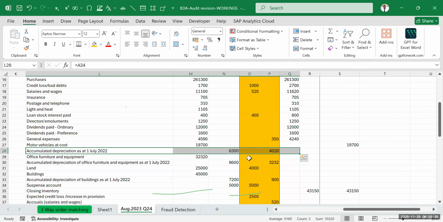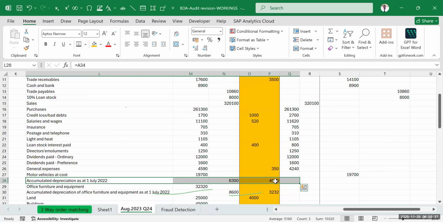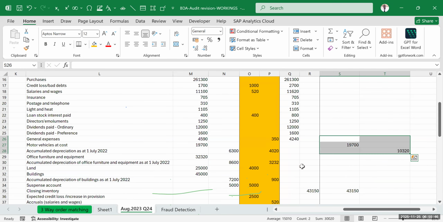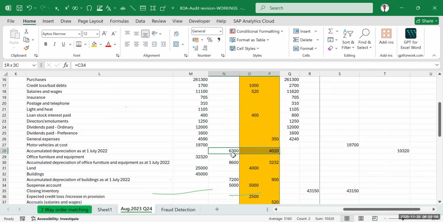Accumulated depreciation for motor vehicle, we adjusted it by 40/20, meaning it went up. So on the credit side of the same, we are now adding the two to adjust so that the net effect will be the net book value of the motor vehicle. Total cost minus total accumulated depreciation will give a net book value. So that is how that account will balance.